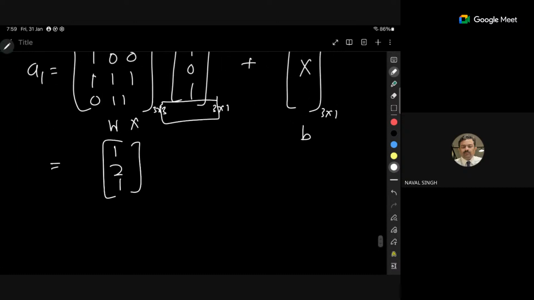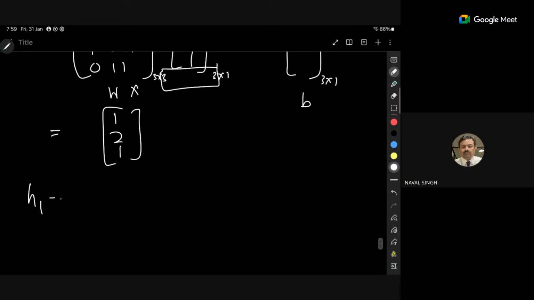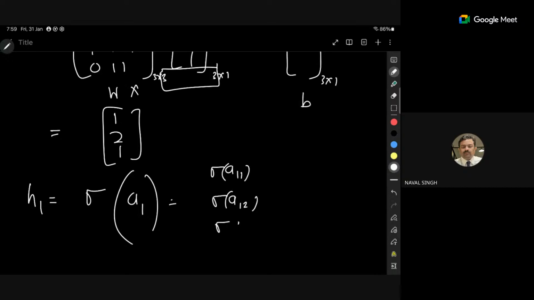Now I'll find h1. So h1 is sigmoid of a1. Basically I'll do sigma a11, sigma a12, and sigma a13.